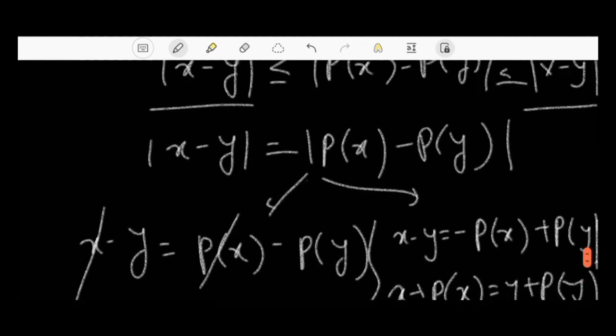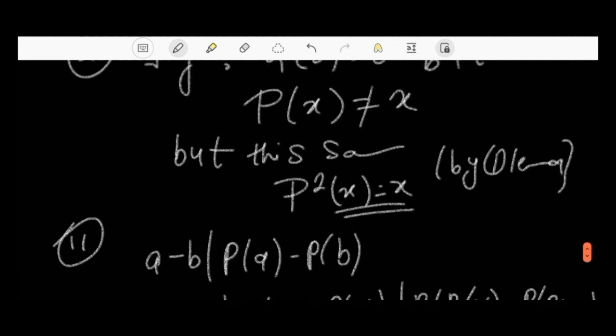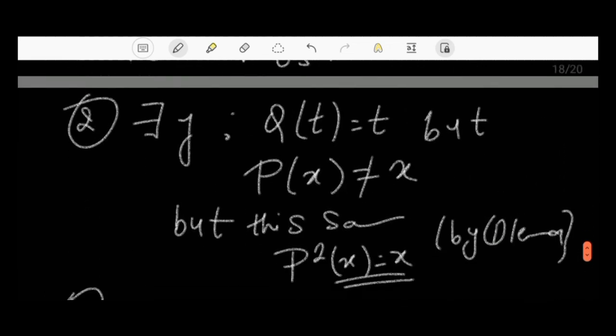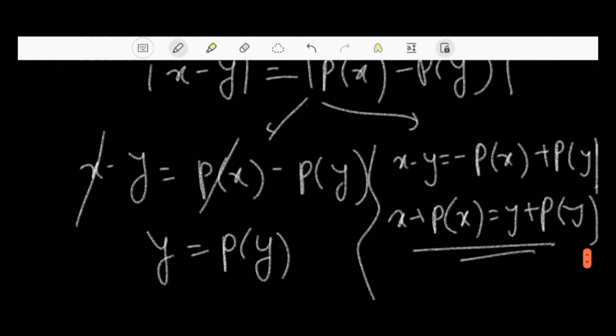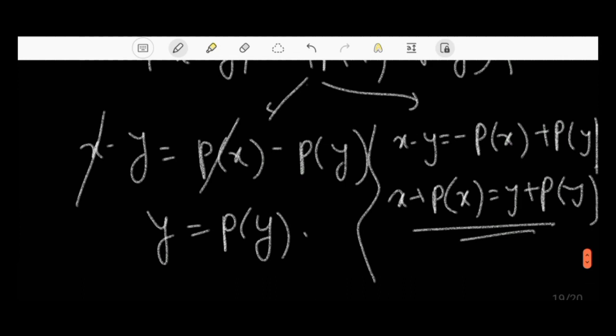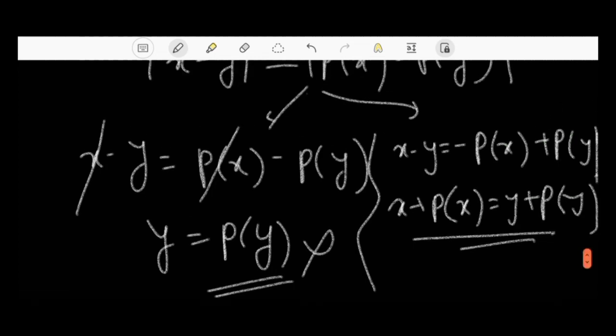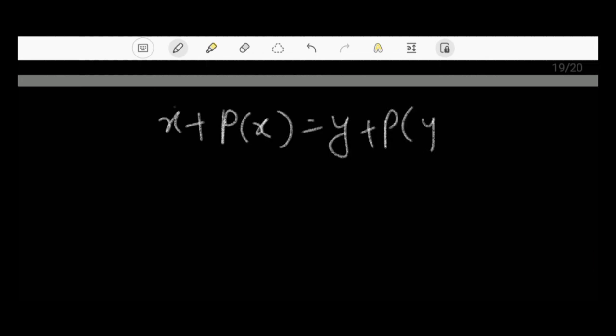So we already have assumed in our second condition that y does not satisfy P(x) equals x. So this first result is false. This is not going to happen, and we are only left with this second result, which is x plus P(x) equals y plus P(y).